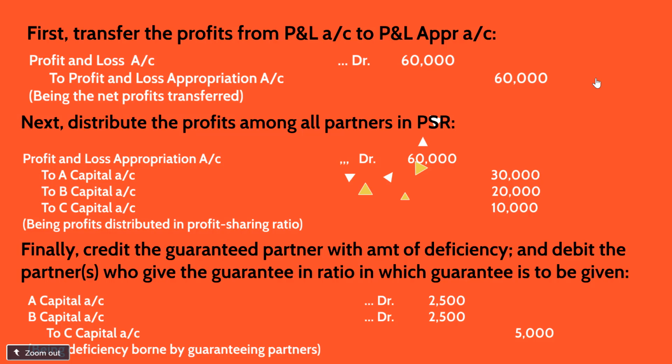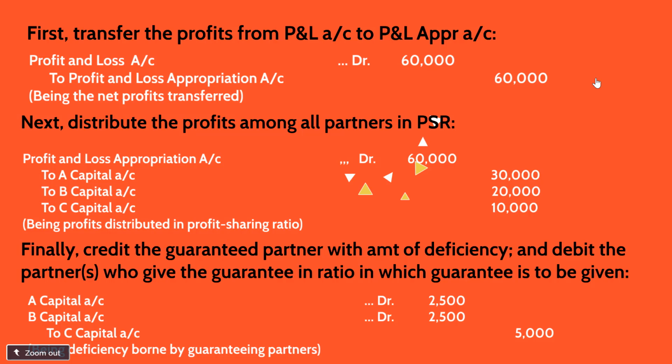Journal entry: profit and loss account debit rupees 60,000 to profit and loss appropriation account rupees 60,000. So the net profits of the firm, rupees 60,000, has been transferred from the profit and loss account to the profit and loss appropriation account.